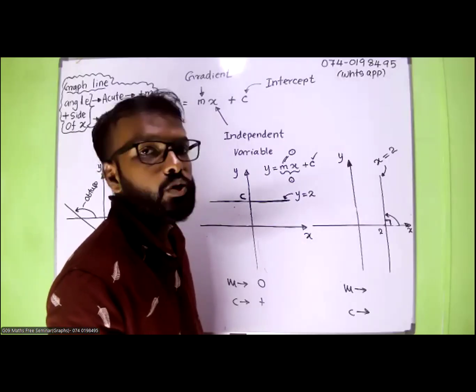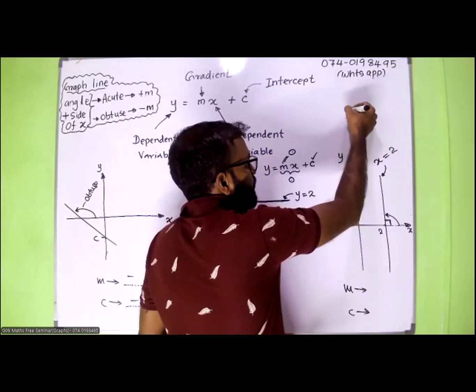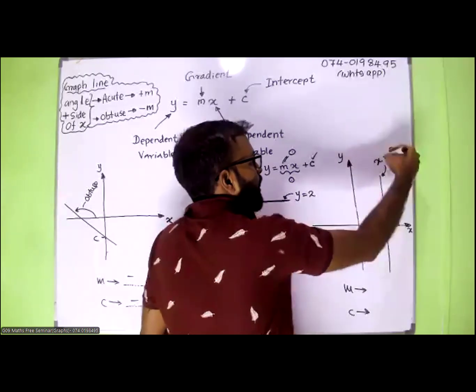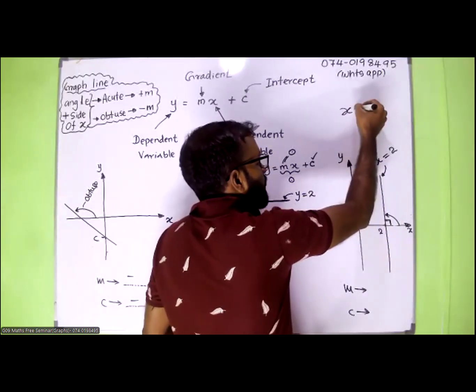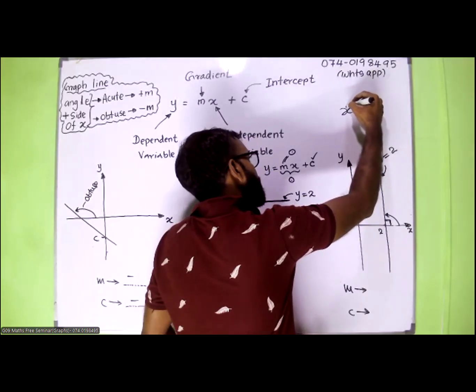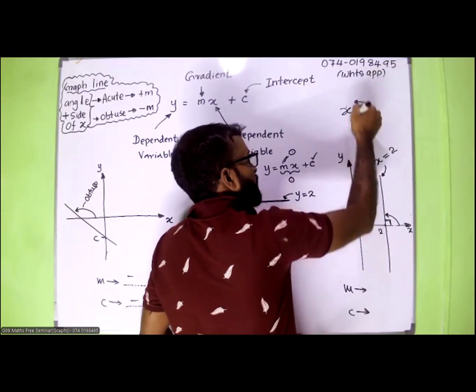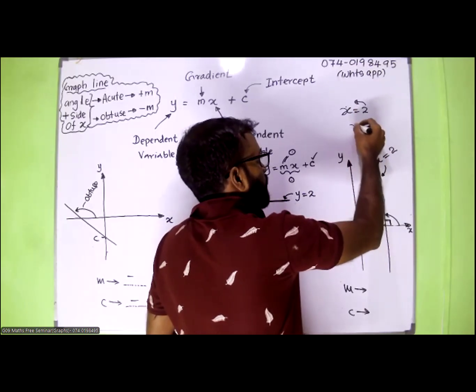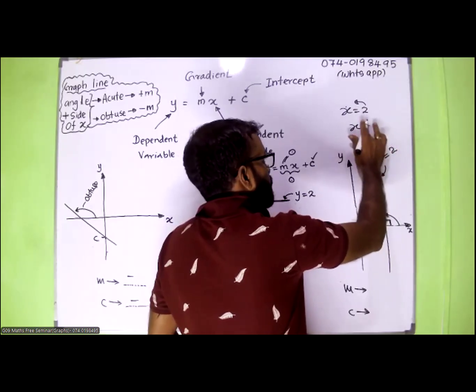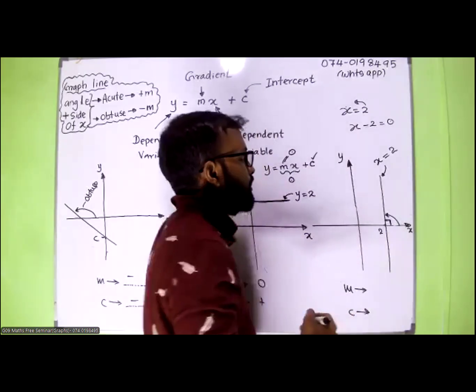If I take the 2 to this side, you will have something like x minus 2 equals 0.